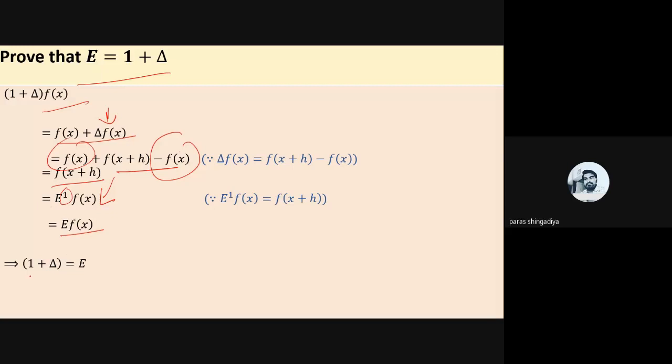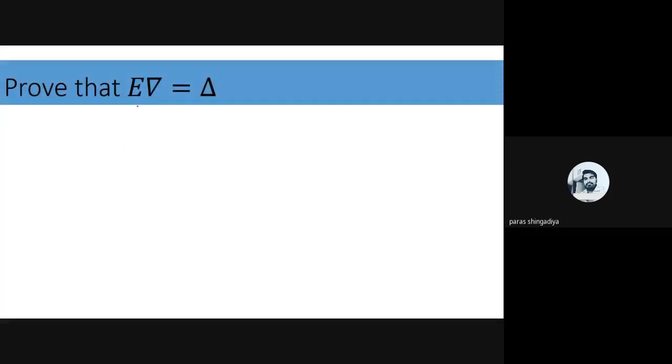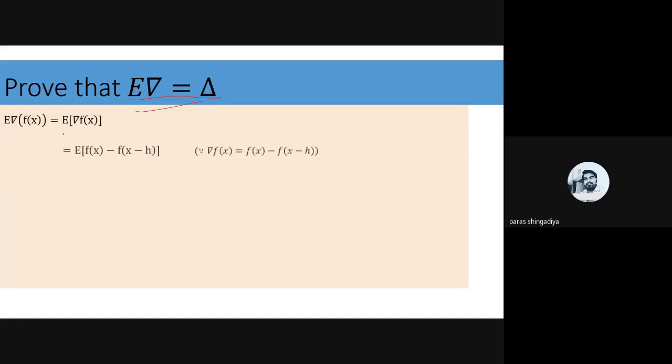And now we can define 1 plus delta is equal to E. So that is the first one. After that, I will discuss the second one: E nabla is equal to delta. That was discussed in the last lecture, and that is also simple.